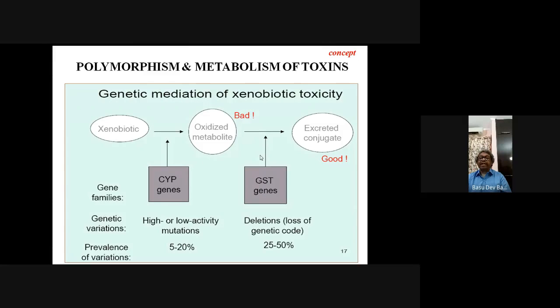So this prevalence of variation, 5 to 20% and 25 to 50%, makes everything very complicated. If you start from Kanyakumari to Leh and Ladakh, and we monitor our country northwest, southwest, and even the world map, we will find this type of variation. They fall under 5 to 20% or 25 to 50%, and that is the real story you have to work out. You have to be concerned, because this turns to your personalized medicine in the future. Can I have next?